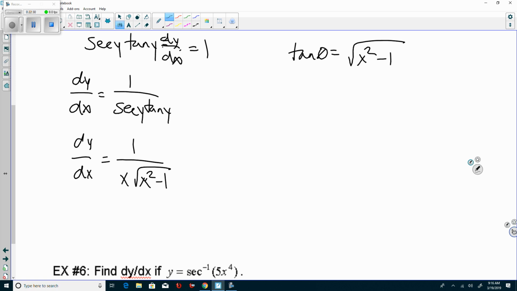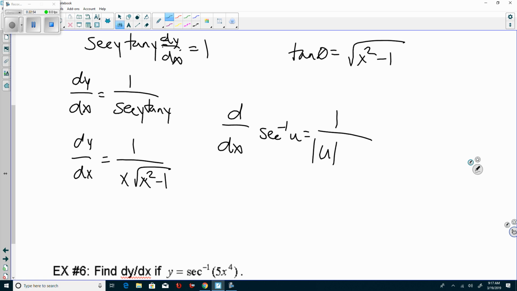So that's why when you look at the formula all the way down at the bottom, it's going to have an absolute value. The derivative of the secant inverse of u, and this is on 168, is 1 over the absolute value of u, because if it's greater than 1, it's going to be your positive.